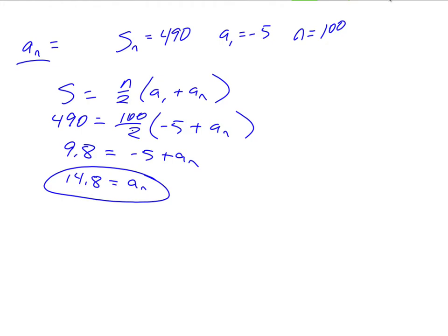In this particular problem, if it's the last term, how many terms are in this problem? 100. The 100th term. Because it's the last term, and there are 100 terms, so that means this is the 100th term in the series. All right, next one.